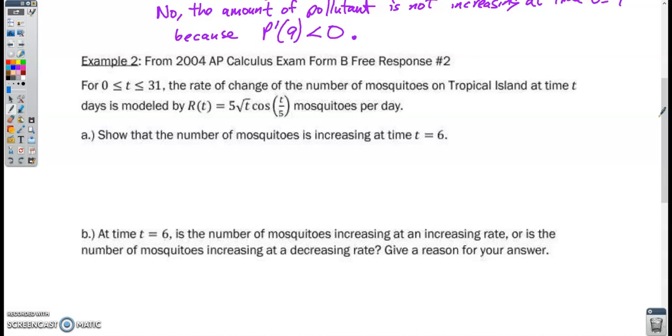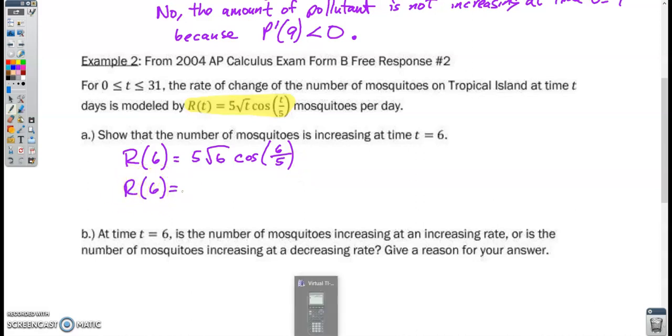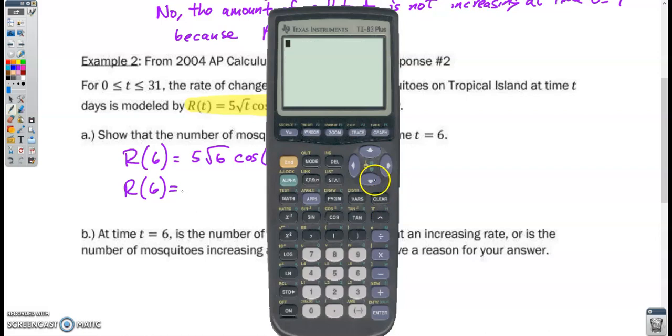Okay, so that means I want to show that the rate of change of the number of mosquitoes is positive. The rate of change is given by this function r of t. So all I need to do here is substitute 6 in there for t. That becomes 5 root 6 cosine of 6 over 5. Go ahead and calculate that out.